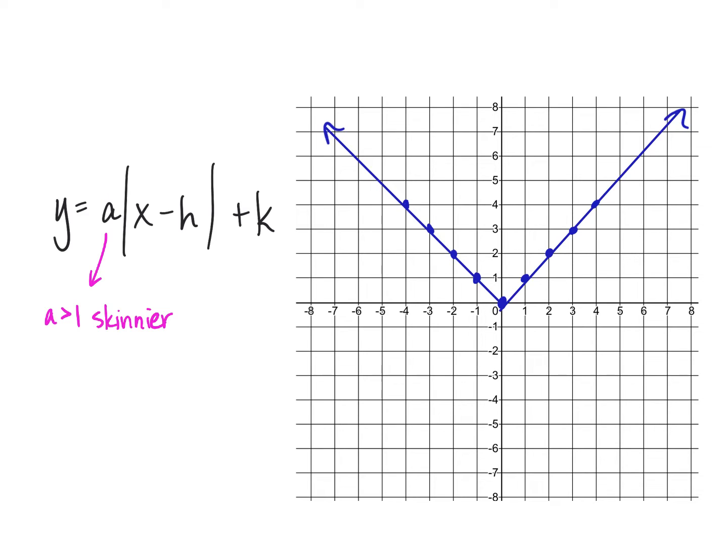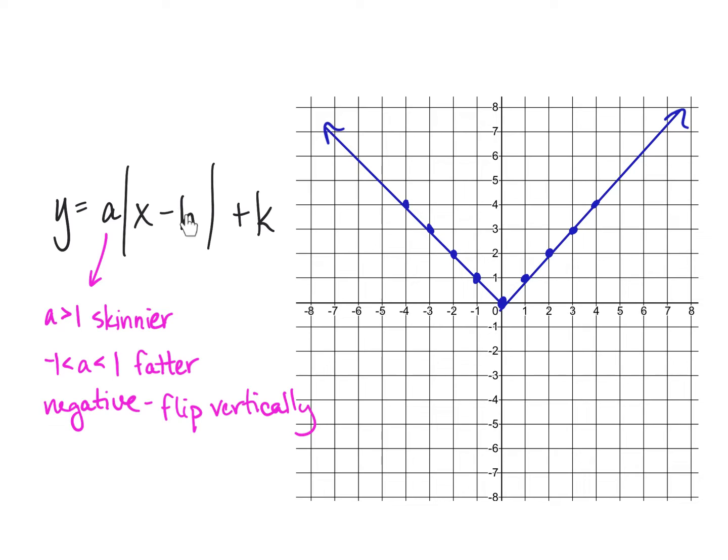If A is between -1 and +1, meaning it's a fraction between -1 and 1, it's going to get fatter or wider. If A is negative, it will flip the whole thing over. I'll say flip vertically.